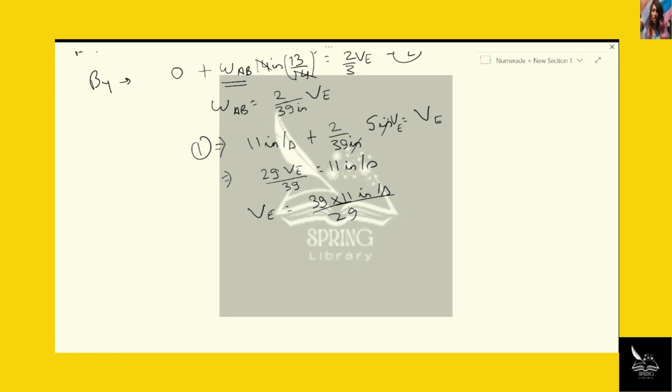Oh, sorry, it was 39 times 11 by 29. I calculated the opposite number. Let me quickly correct that. So this is 39 times 11 divided by 29, which is 14.793. So it's close to 14.8 inches per second.